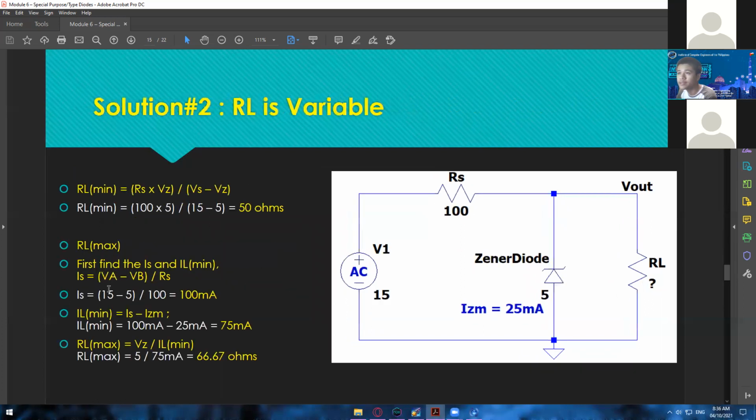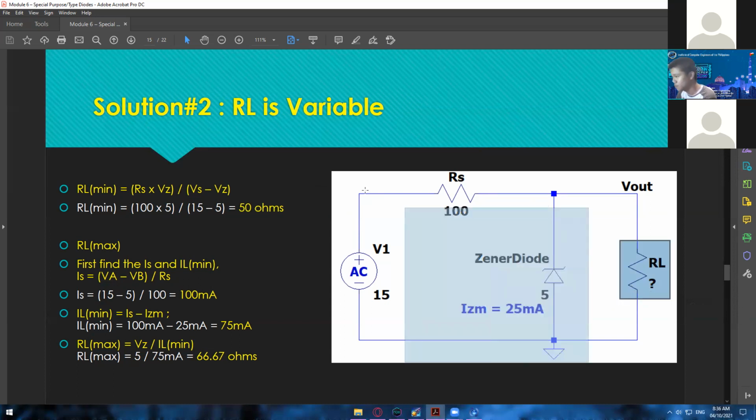So we have here the value of VZ, which is 5 volts, and the value of IL, which is 75 milliamps. Just do the math, and it will give us a value of 66.67 ohms.